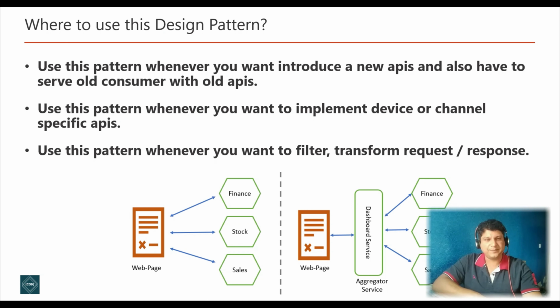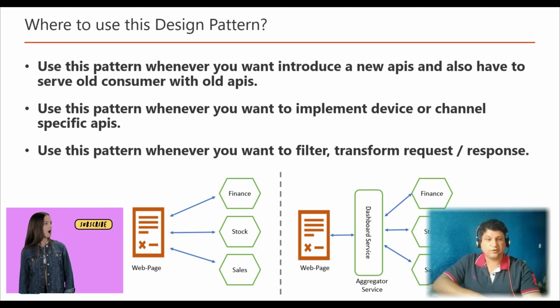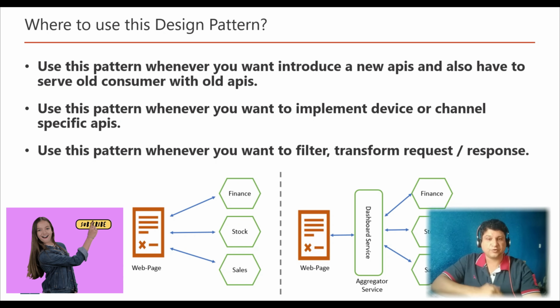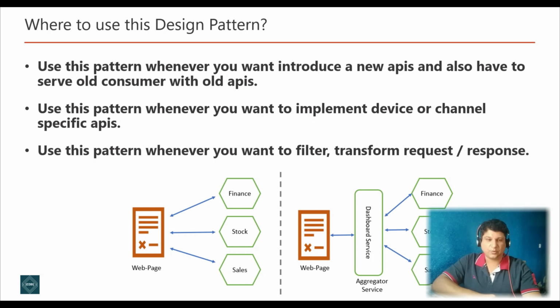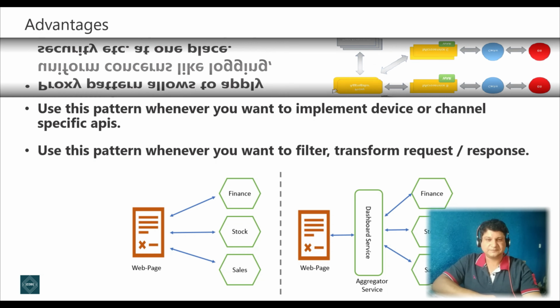Whenever you want to implement device or channel specific APIs, you can use the proxy design pattern. Whenever you want to filter or transform requests and responses based on certain logic, you can use the proxy design pattern, where you can have that logic to filter or reject requests.